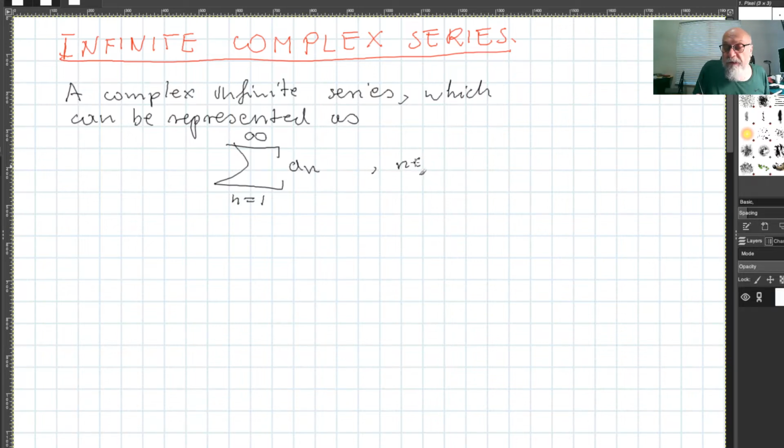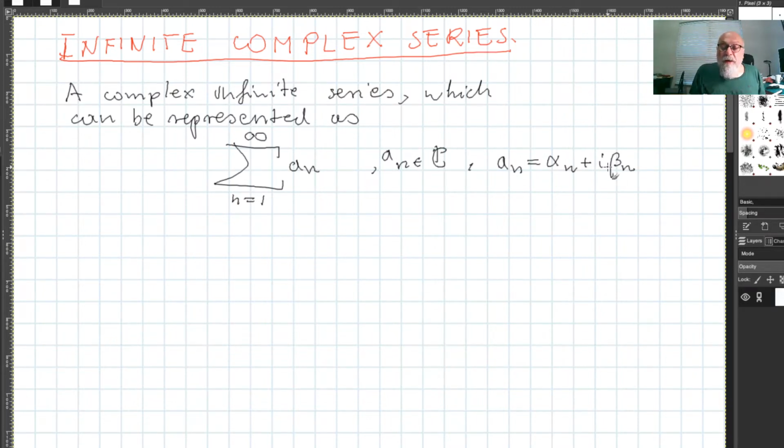So the number a_n, of course, is a complex number, and we can also write it down: a_n has the real part, and it also has the imaginary part.